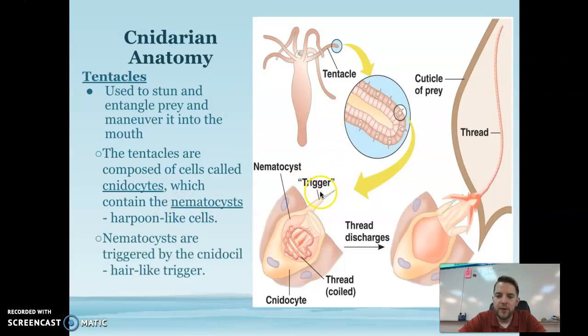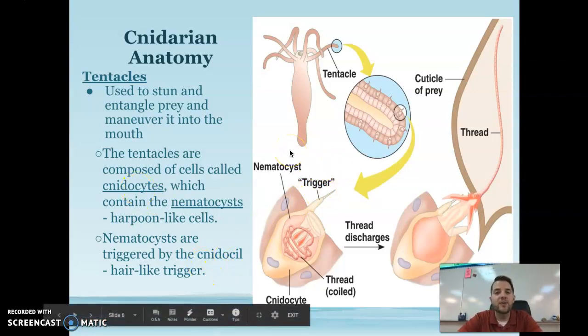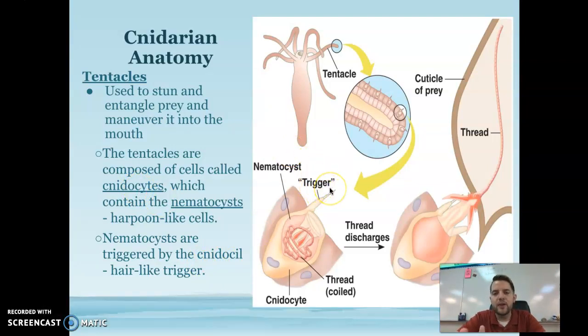So here it's called the trigger, but we're beyond that. We can call it what it is, the cnidocyl. So again, cnidocyte, cnidocyl, these are things very unique to the cnidarians. Only they have these. So the trigger kind of starts it, and that causes the nematocyst to trigger into the animal, and then it injects the venom and goes from there.